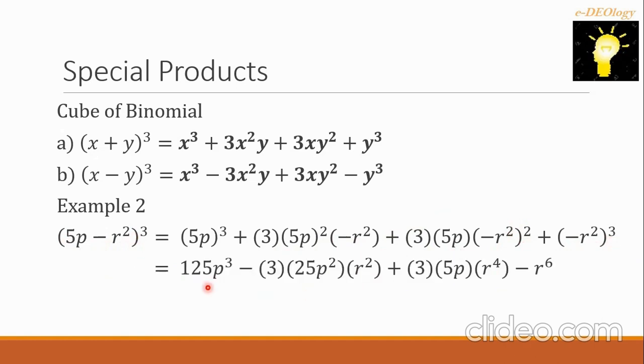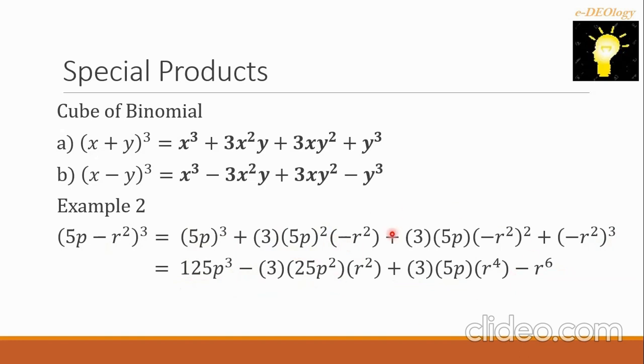Now let us simplify. The 5p raised to 3 equals 125p cubed. Now in here, the negative sign is placed in front. Then let us simplify this 5p squared. It becomes 25p squared.